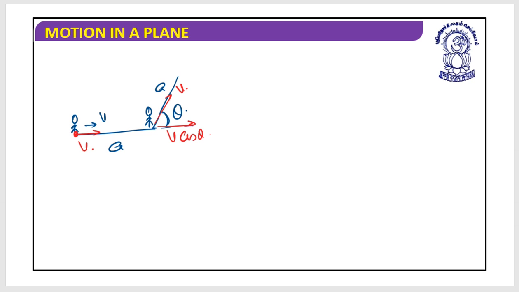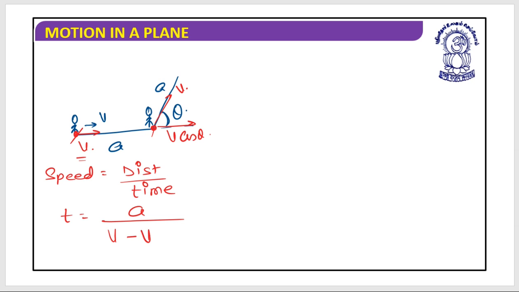If I take the relative velocity between these two points, the time is equal to distance divided by speed. The distance between these two is a, and the relative speed is v minus v cos theta. This is the time when they are going to meet.